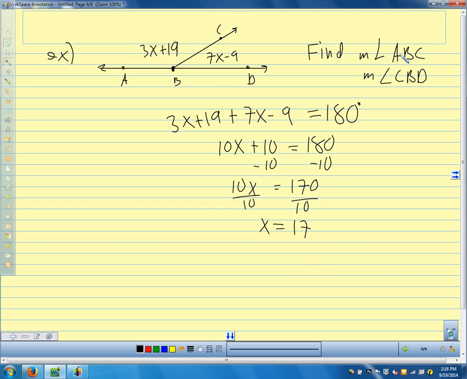And then I'm going to substitute into these two to find my angles. So the measure of angle ABC equals 3 times 17 plus 19. When I calculate that out, 3 times 17 plus 19.